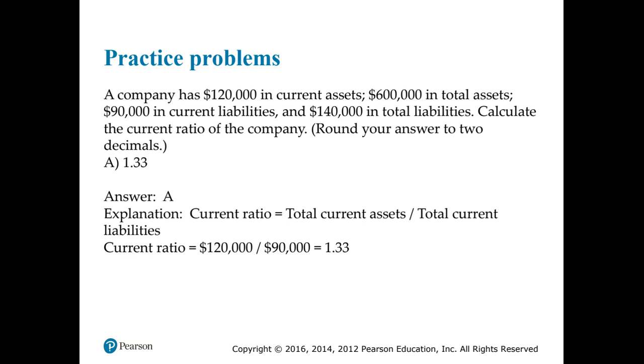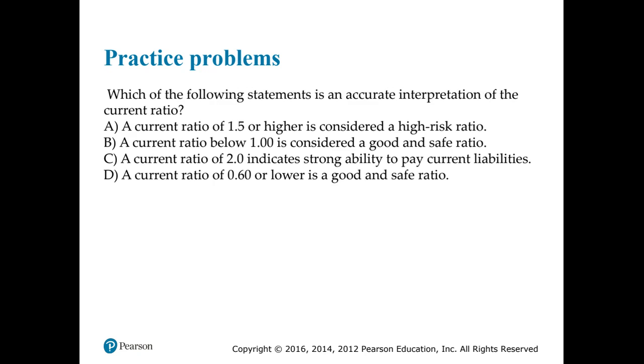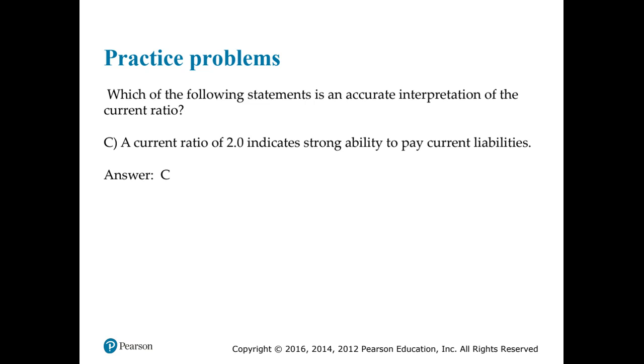So here's the next one. So a current ratio of 2 indicates the strong ability to pay current liabilities. Because the higher, the better.